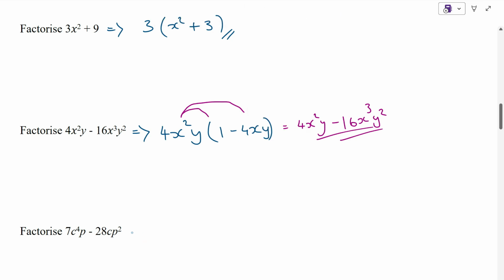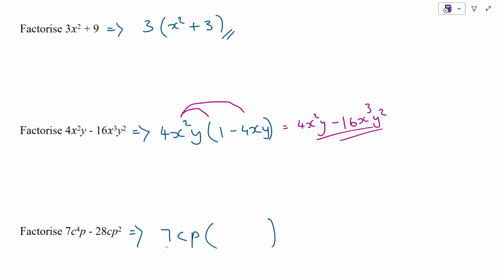Okay, moving on to the last one. Again, as we did before, let's break this down. The largest number that goes into 7 and 28 is 7. c to the power of 4 and c is going to be just c. p and p squared, again, just p. Open bracket.